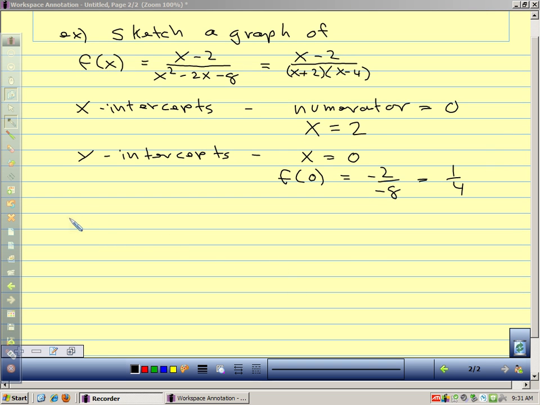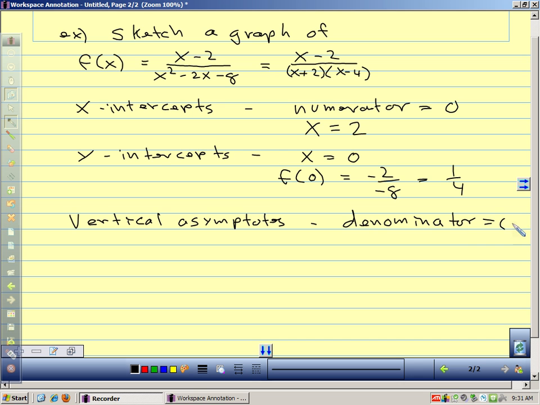Let's find our vertical asymptotes. Our vertical asymptotes are where the denominator is 0. So our denominator is going to be 0 where these parentheses turn out to be 0. That's why we factored this, so we can figure out where our asymptotes are.